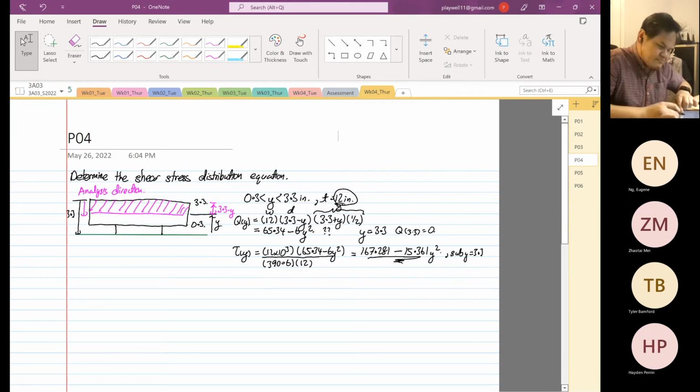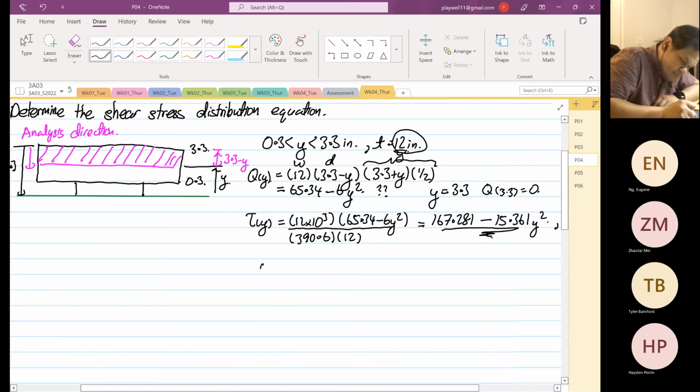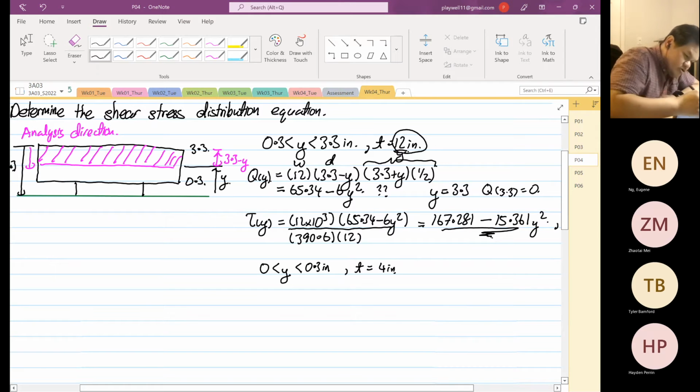So the next one, we are going to determine y from 0 to 0.3 inch. And now your thickness is equal to 4 inches. So now the area of interest is this area.